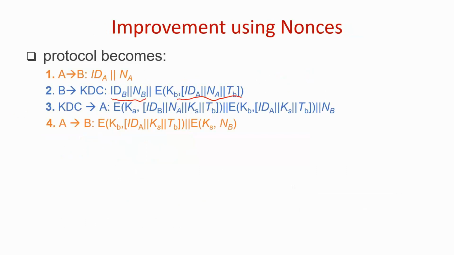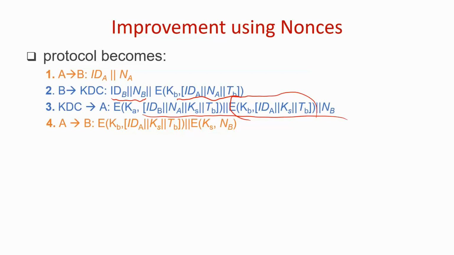Okay, and so the KDC will obtain that and will decrypt it and will get the ID of A and will get the nonce and will get TB and will send to A in step 3 something that is encrypted with KA. Okay, this something is the ticket. This part which is encrypted with KB, and will send the ID of B and A, the symmetric key, and the timestamp as well.